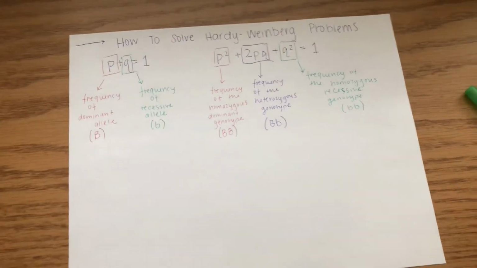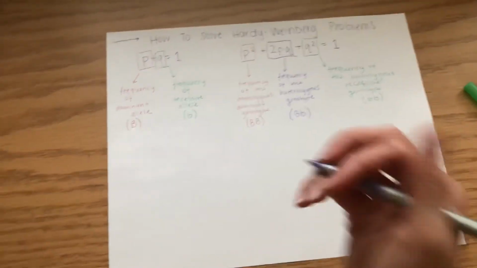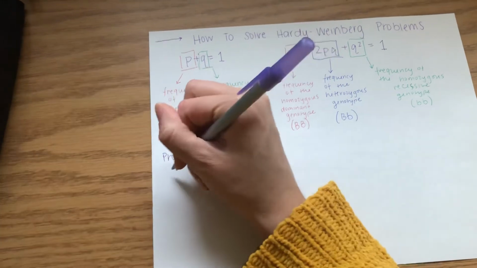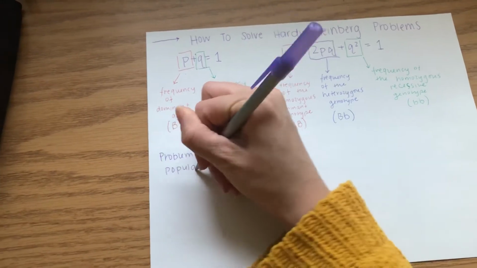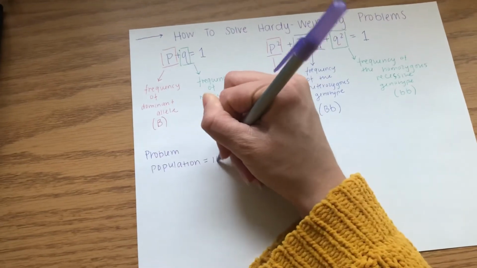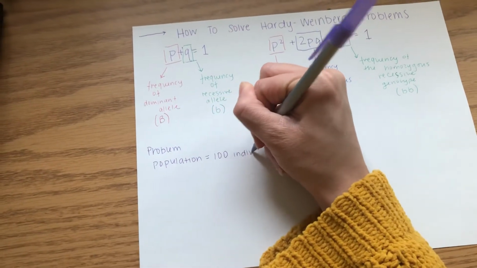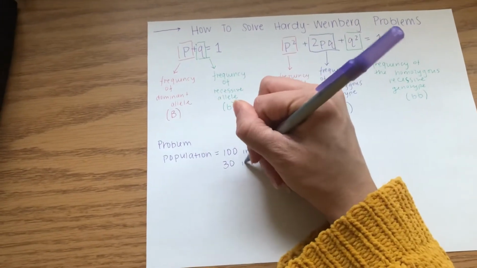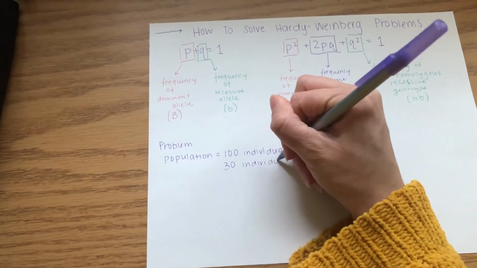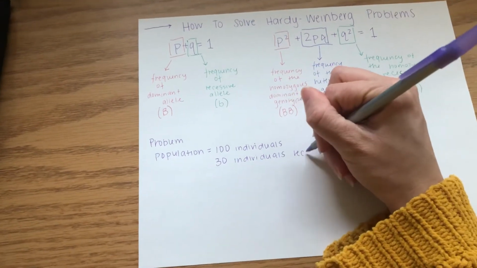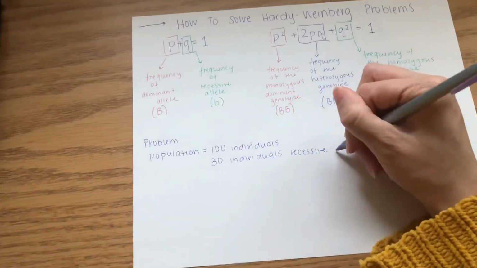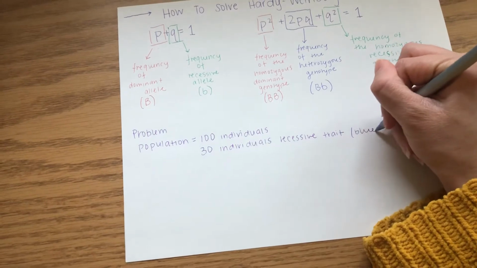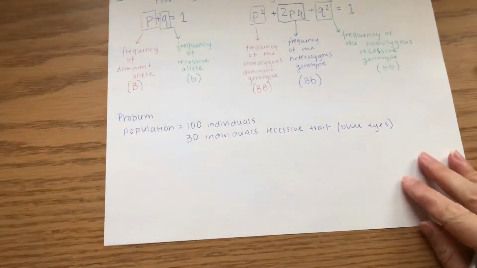So I'm going to give an example that was actually from one of the practices in Apex. So in this problem, the population consisted of 100 individuals and 30 individuals of that population had the recessive trait. So let's say the recessive trait here was blue eyes. Okay?